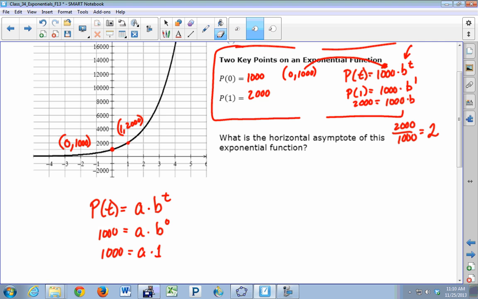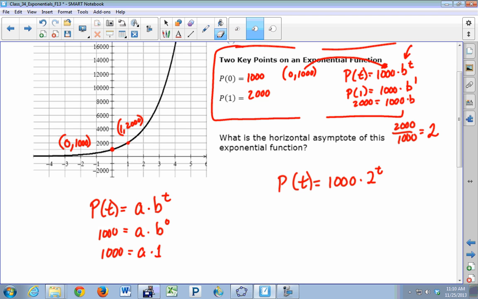So now you have all the information you need. You know that this function looks like this, 1,000 times 2 to the t. So again, when you increment by 1 and you're trying to find the value of your base, you just take this number, 2,000, and divide it by that previous population, 1,000, and that gives you your constant multiplier.